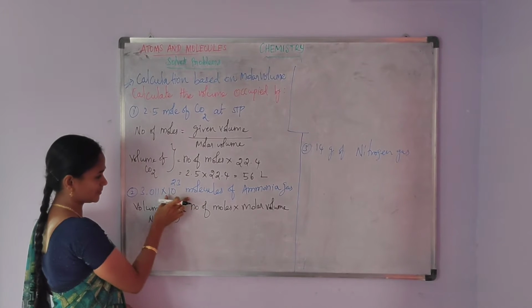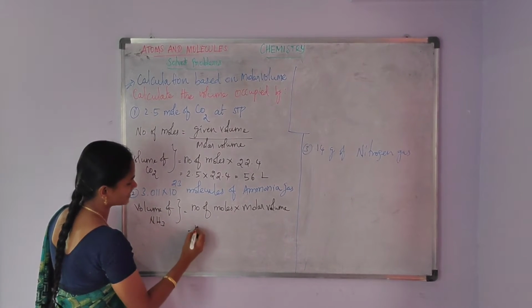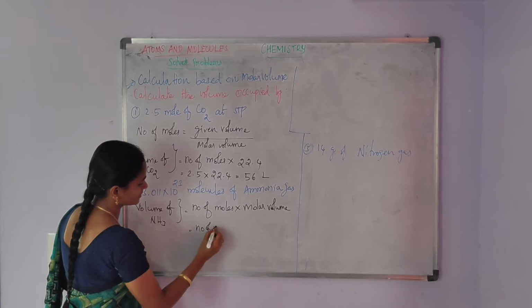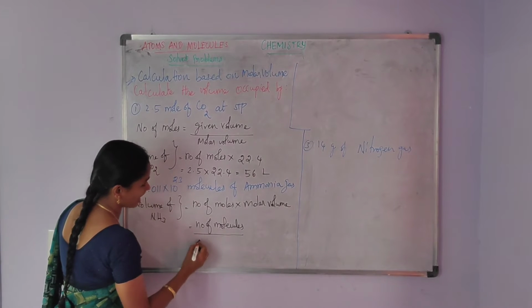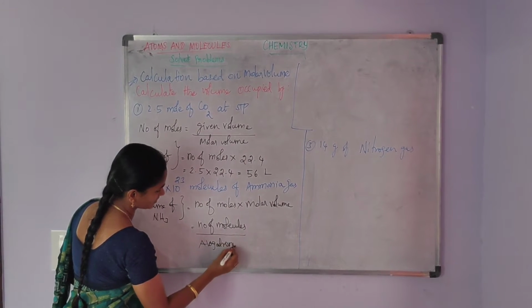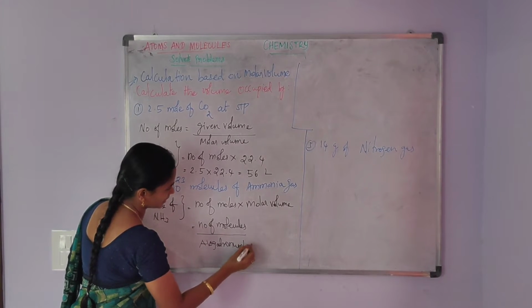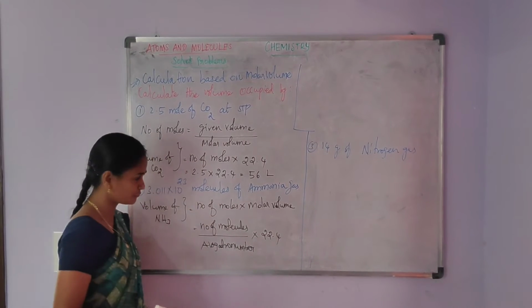Based on the data, for finding the number of moles, the formula is number of molecules divided by Avogadro number, into molar volume, that is 22.4.